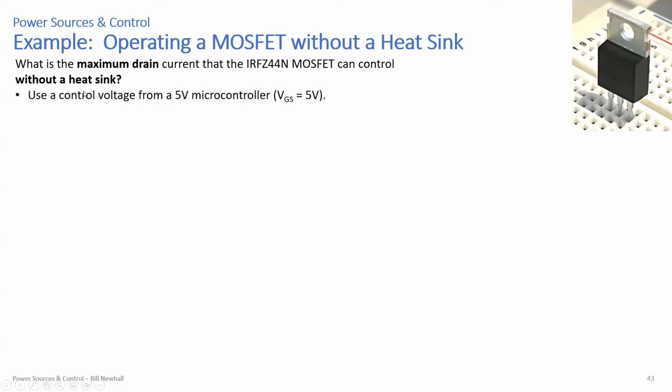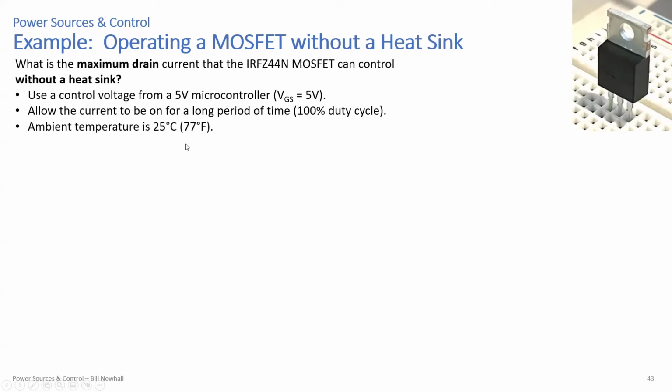So let's suppose you're controlling a current using a control voltage from a 5-volt microcontroller, and you're applying that control voltage directly to the MOSFET gate. So the gate to source voltage is 5 volts. And then you're going to allow the current to be on for a long period of time, right? Let's suppose you're running your motor at full speed, 100% duty cycle, and you're going to leave it on.